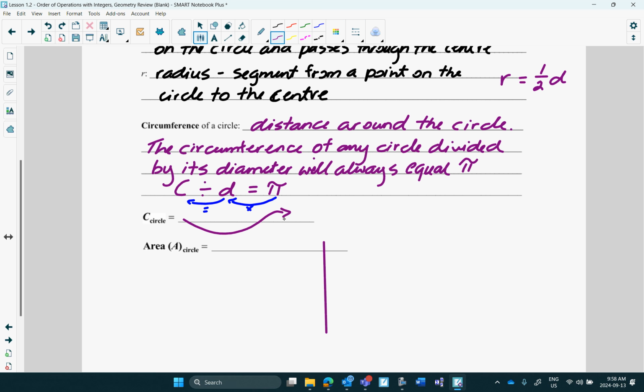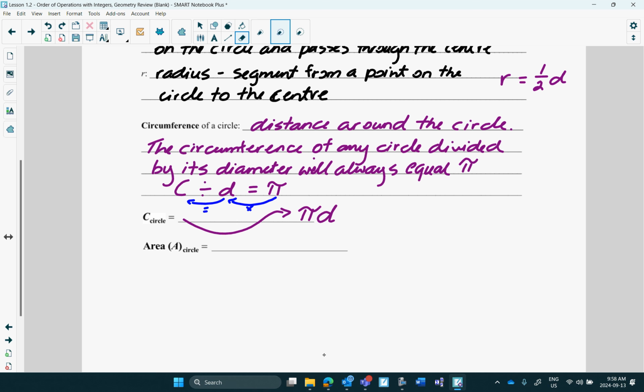Pi times the diameter. We don't use the times symbol, we just put them beside each other. So if you know the diameter, you just multiply it by pi to find the circumference. And I'm sure you guys are used to either using a calculator or doing it by longhand, multiplying by 3.14.